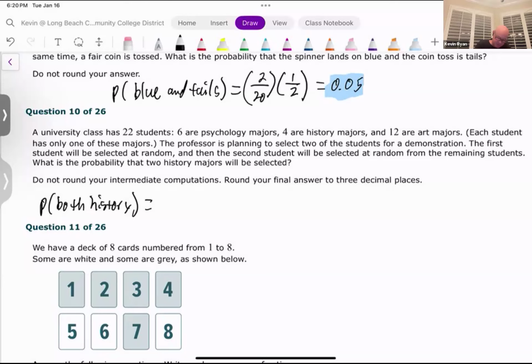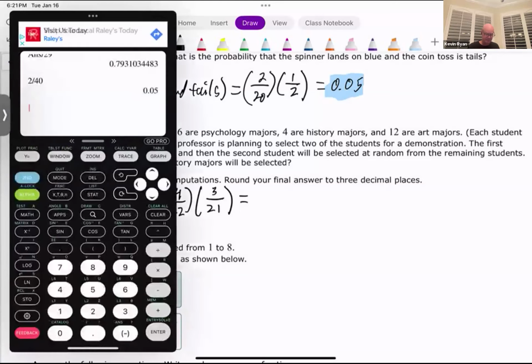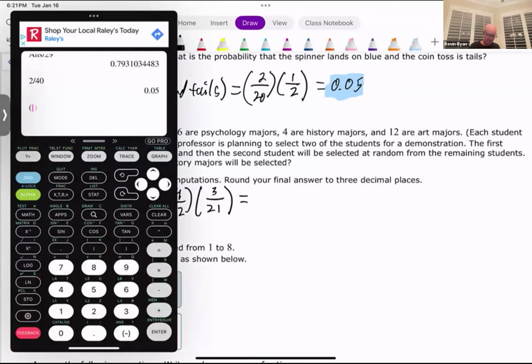So the first one is going to be out of 22 students. And how many history majors? There are only 4. And once that one is chosen, there are now only 3 history majors left to choose out of the remaining 21. So I multiply the numerators, divided by multiply the denominators.